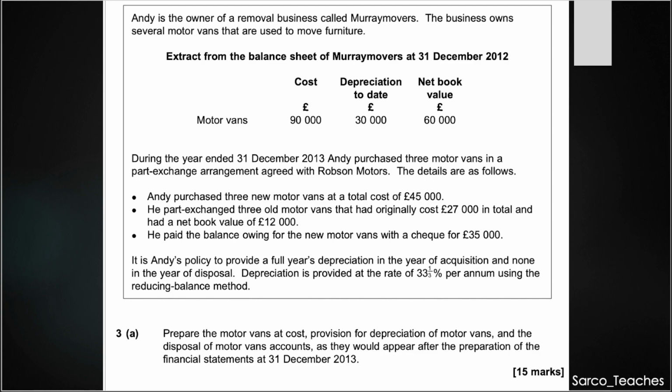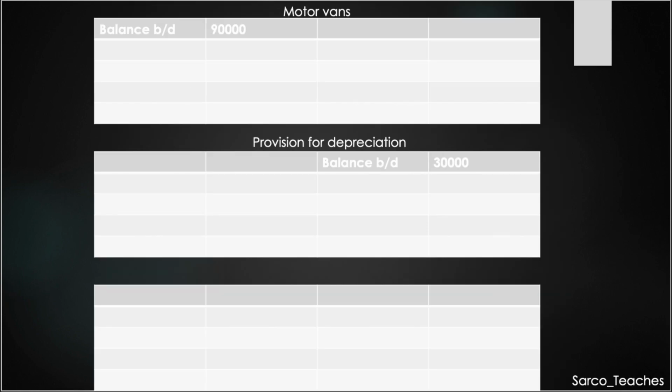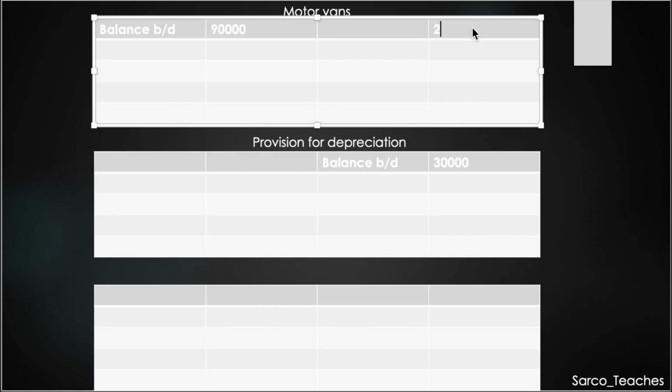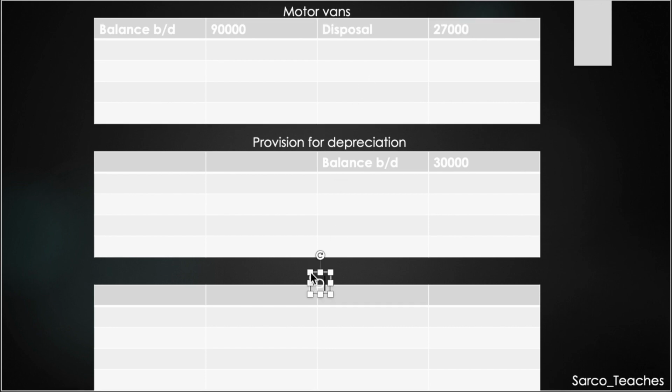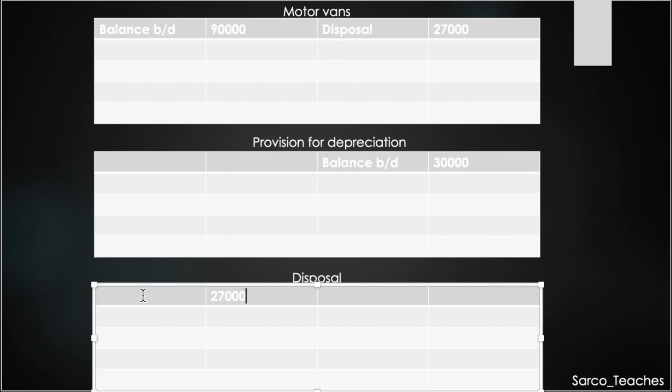So the asset that he's getting rid of is the 3 old motor vans, which cost 27,000. To get rid of this, we go into our non-current asset account, our motor vans account, and we credit it by 27,000. We also have to open up our disposal account because we haven't, and we debit it by 27,000.